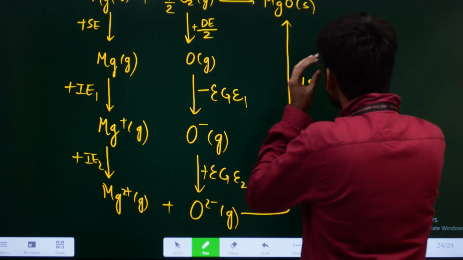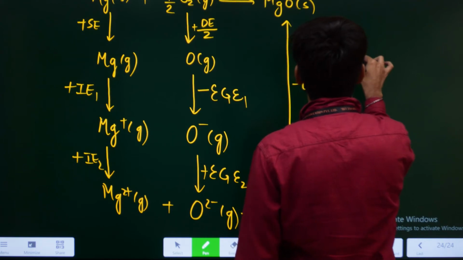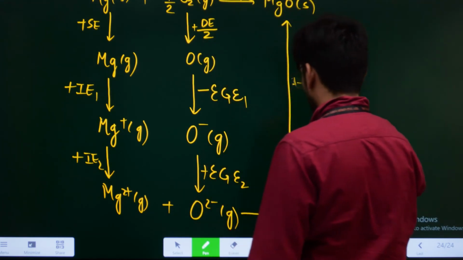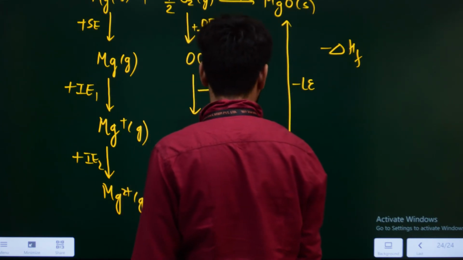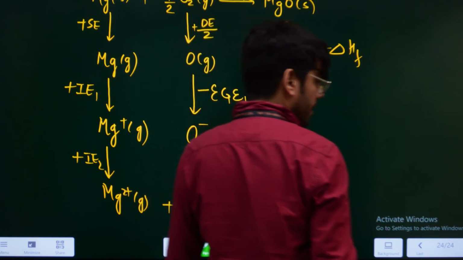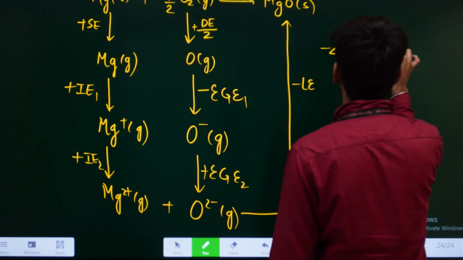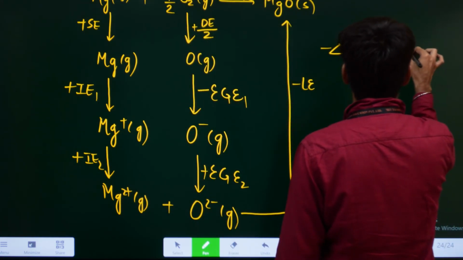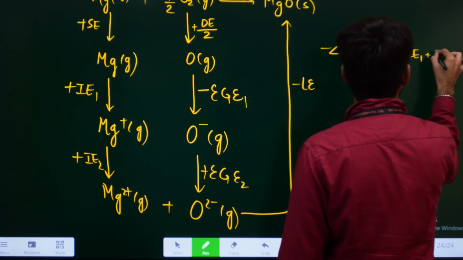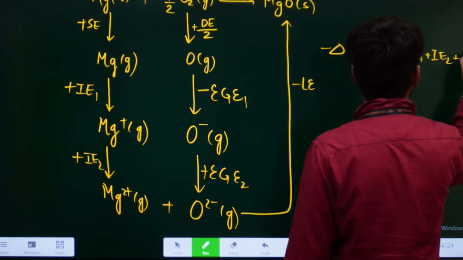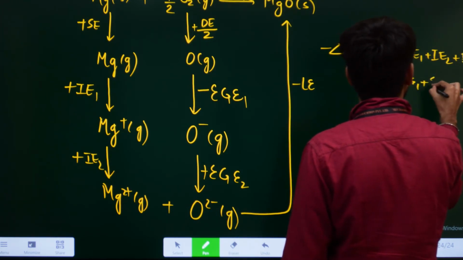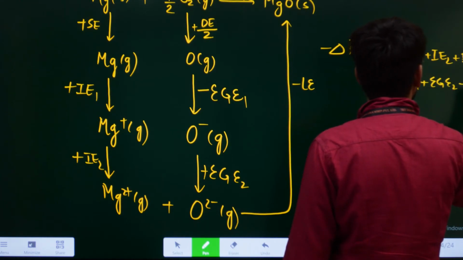So how would I write it? Minus delta H of HF, right? And what is this? Sublimation energy plus ionization energy 1 plus ionization energy 2 plus dissociation energy upon 2 minus EGE 1 plus EGE 2 minus lattice energy.